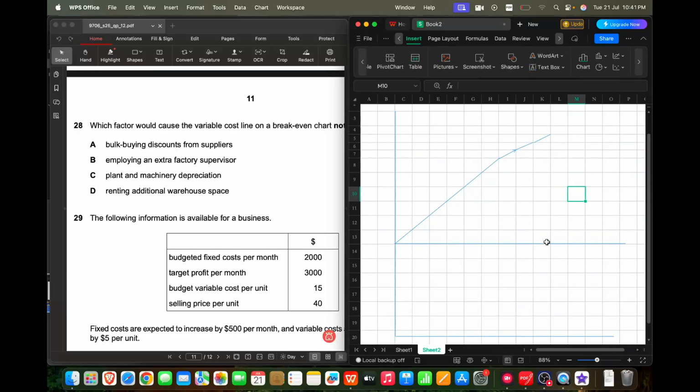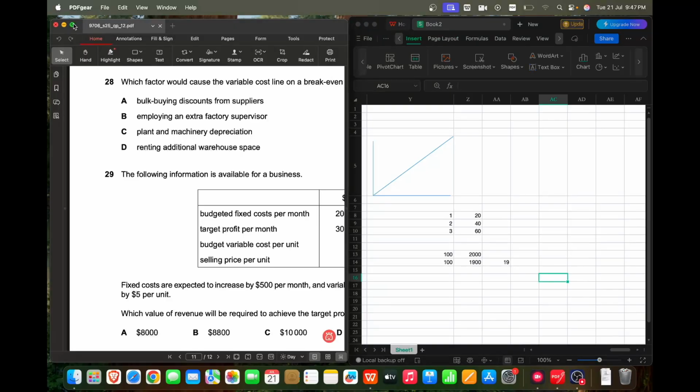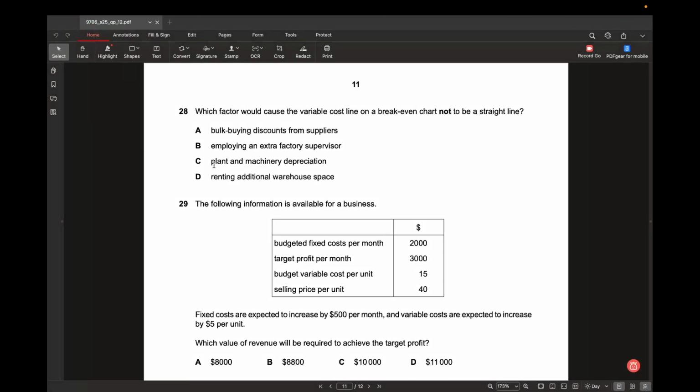When there is a discount, the average cost decreases, so cost per unit decreases. So my cost curve would also slant or curve a little instead of being a straight line. So we can say that for 28, the correct answer is bulk buying discount from supplier, because this would decrease the average cost or variable cost per unit when we receive a discount. So the line is not straight.